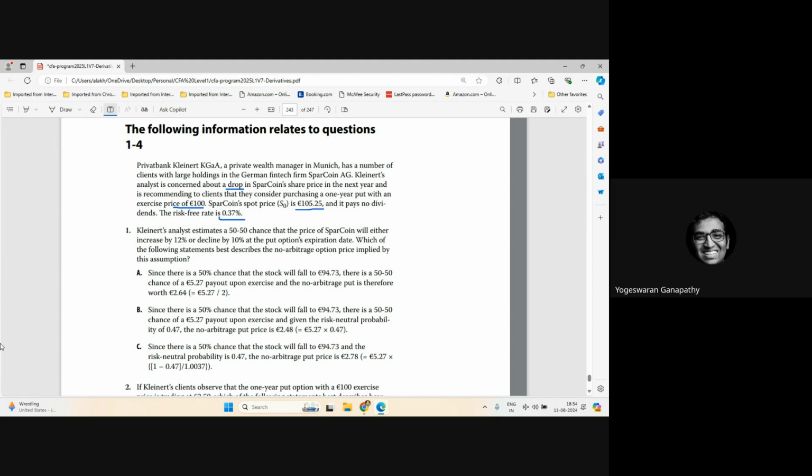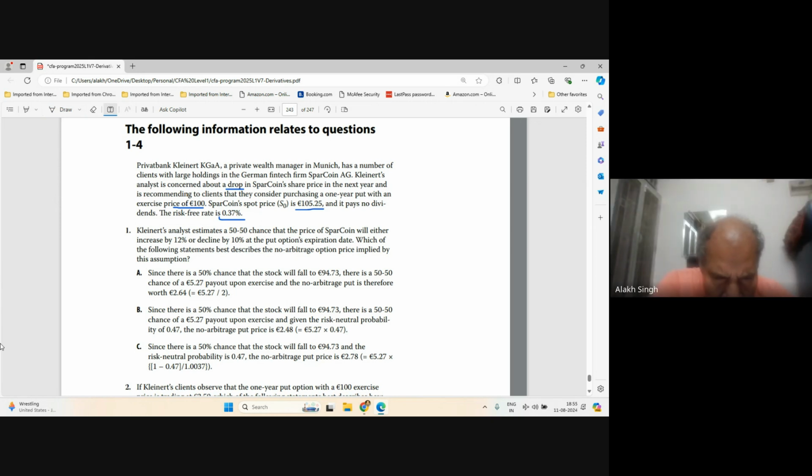Option B: since there is a 50% chance that the stock will fall to 94.73, there is a 50-50 chance of a 5.27 payout upon exercise, and given the risk neutral probability of 0.47, the no arbitrage put price is 2.48. So you have to calculate it. Actually, you don't need to calculate.